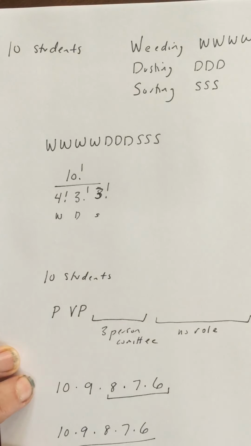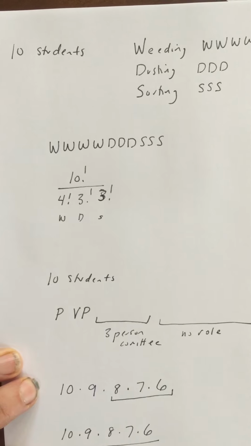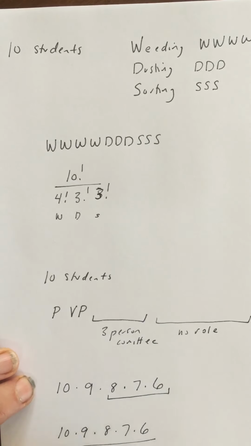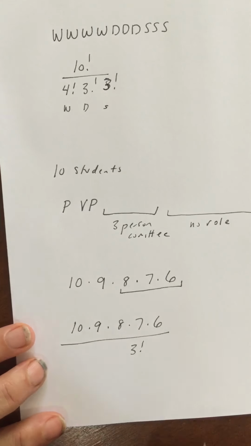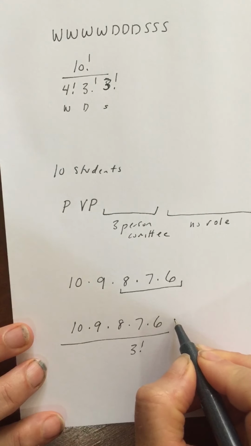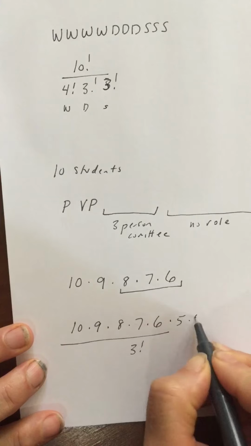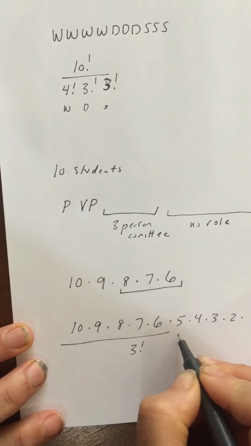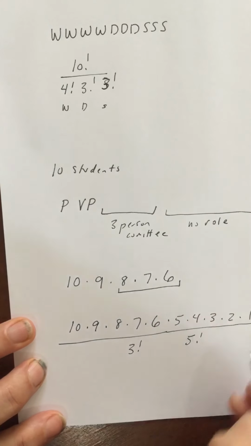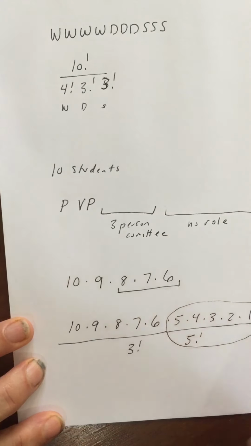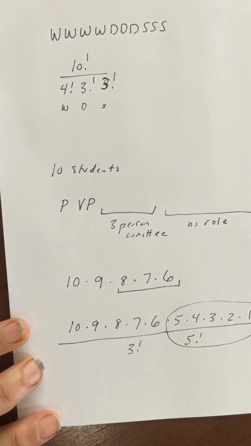So if they have no roles whatsoever, they're kind of equal in that sense. So one way I could add to the problem, it sounds kind of weird, I could do 5 times 4 times 3 times 2 times 1 here, and then divide by 5 factorial. So of course this is going to be 1, so you don't really have to show it in the problem.